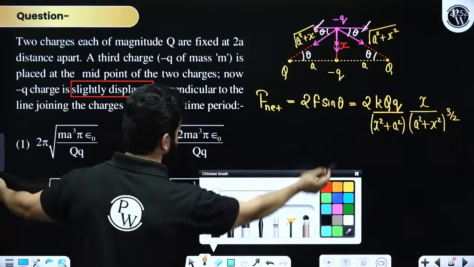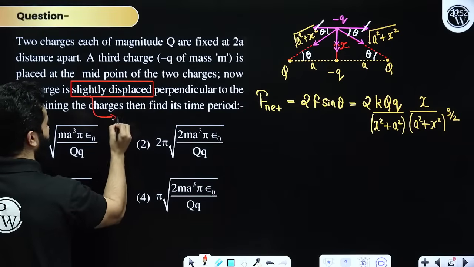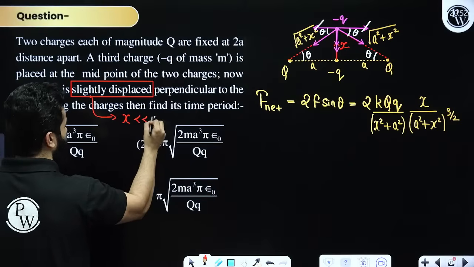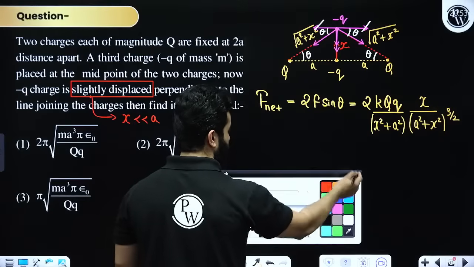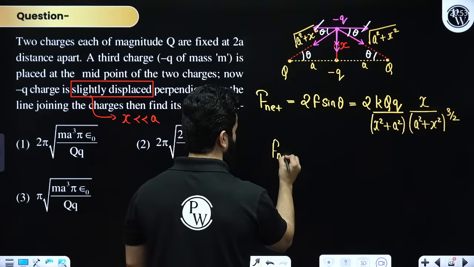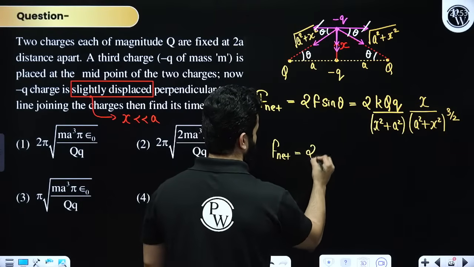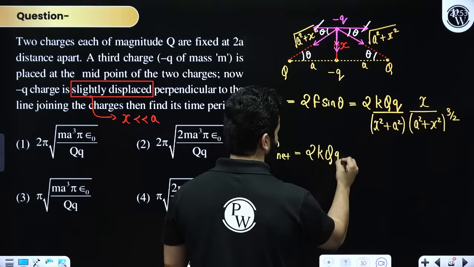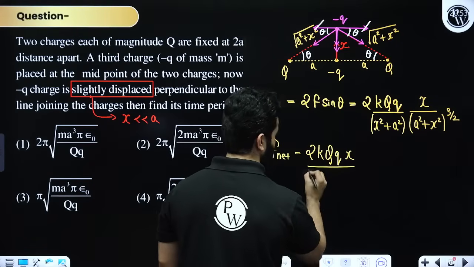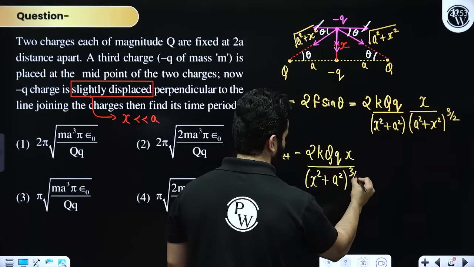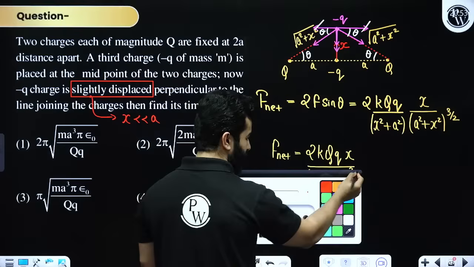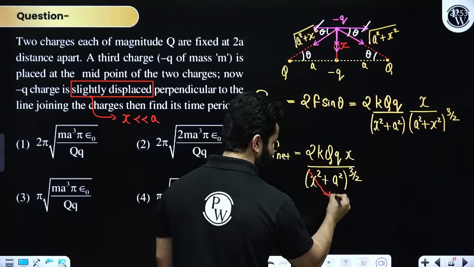Whenever somebody tells you that it is slightly displaced, that means x is far less than a. So in the next step, we can write that the net force is 2kqx divided by x square plus a square whole raised to the power 3 by 2, and then I can say here this x square can be considered as 0.